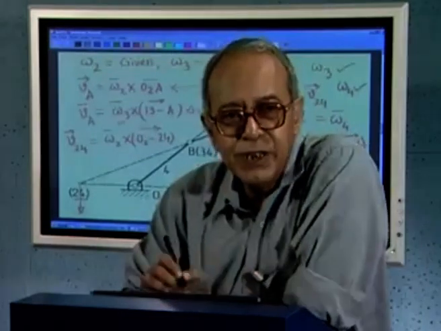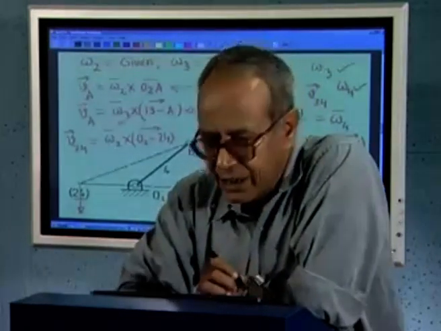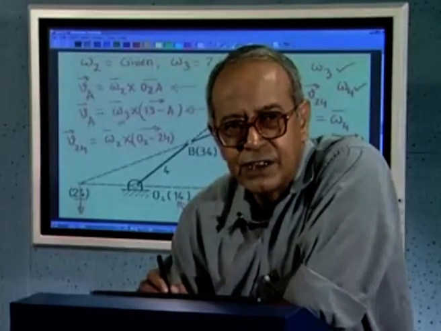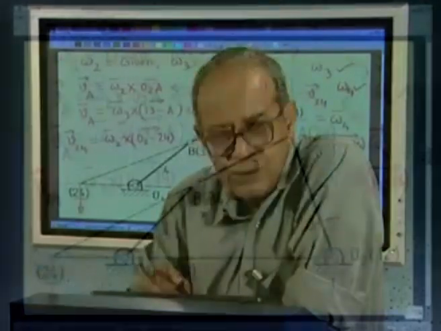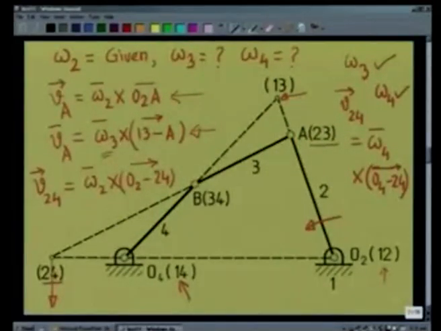So, this is what we mean by velocity analysis of a linkage. If the input angular velocity is given, we obtain all the relative instantaneous centers and use them judiciously to determine all the unknown quantities. Suppose we are interested in finding the velocity of this particular point on link 3. We have already found omega 3, and link 3 is rotating about 1 3.